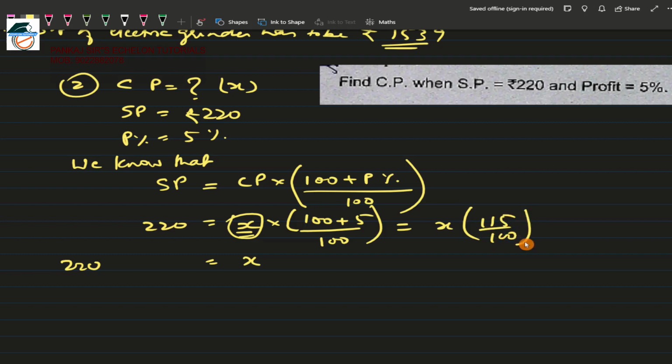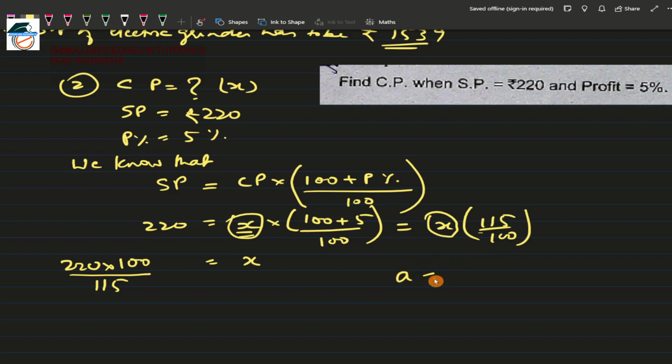That will also work. Since I want to keep this as the subject, this 100 and 115 I will have to take to the other side. So I'll take 100 on the top over here, and I will take 115 at the bottom over here. So it will be like this. Let me write this.